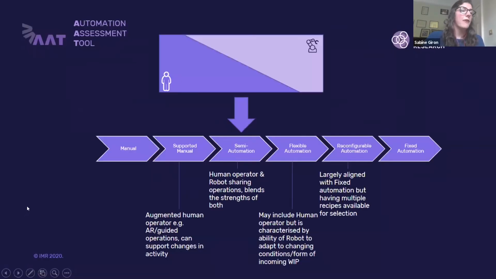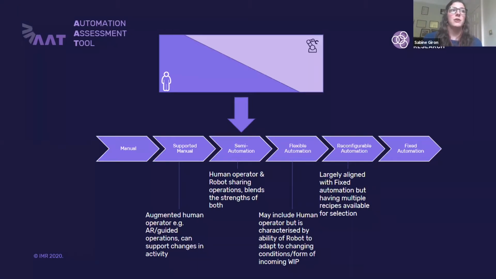For the tool, we divided the whole spectrum of automation possibilities into 6 different paradigms. We have manual operation, the standard manual, then supported manual, which is an augmented human operator using AR, VR, or guided operations with projected instructions.